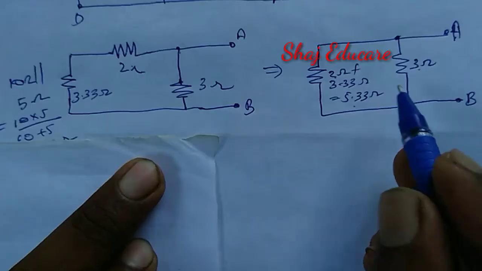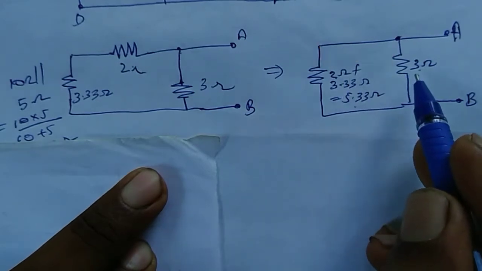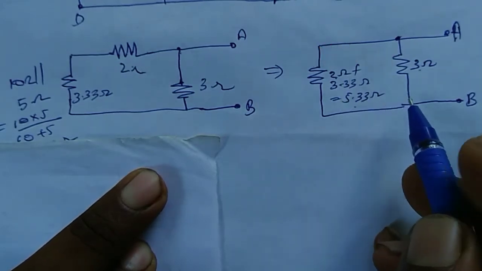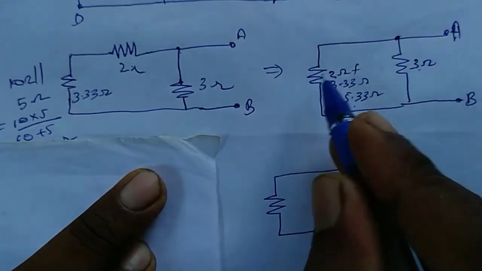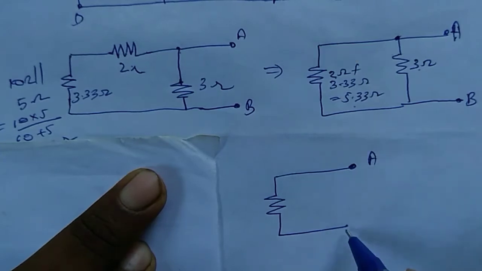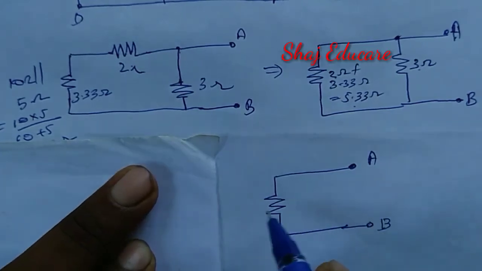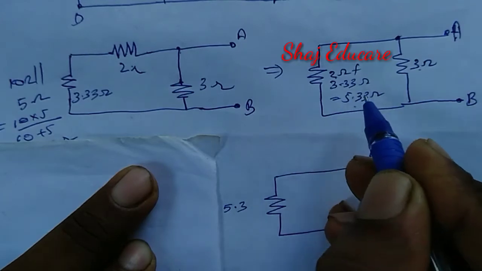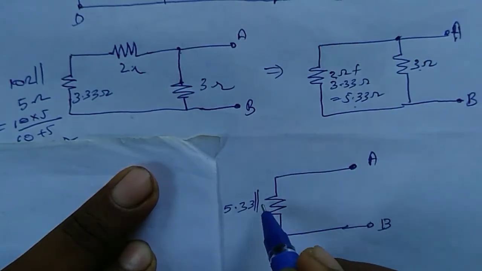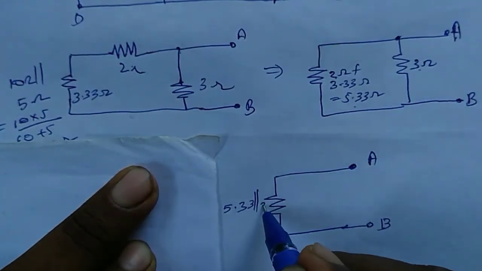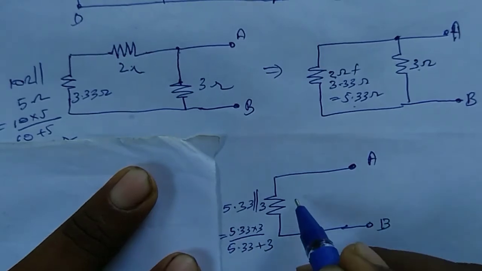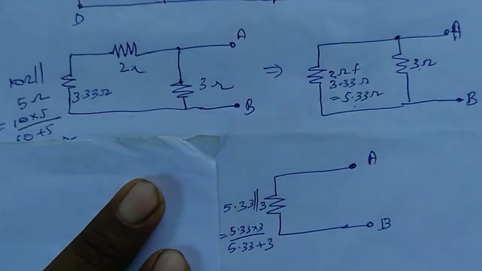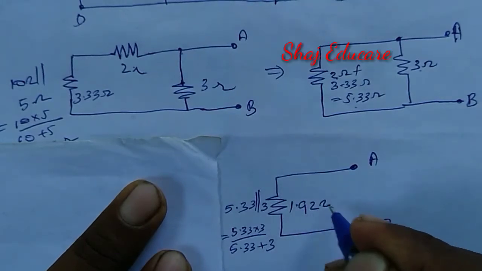Then finally this 3 ohm resistance and 5.33 ohm are parallel. So let us replace these two parallel resistances with their equivalent resistance. 5.33 parallel with 3 ohm is equal to 5.33 into 3 divided by 5.33 plus 3, which is equal to 1.92 ohm.